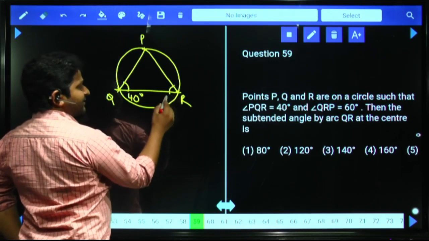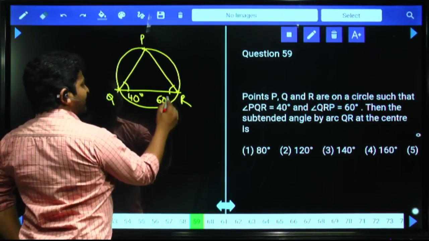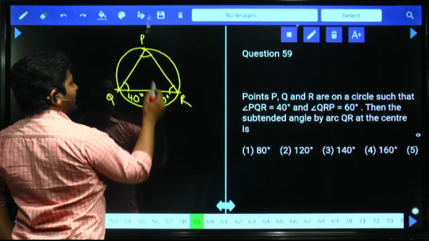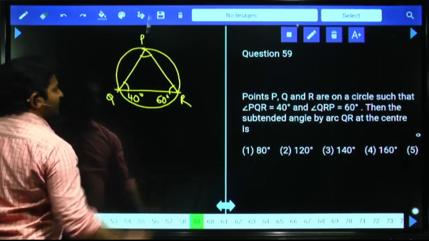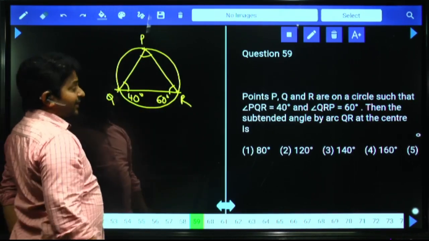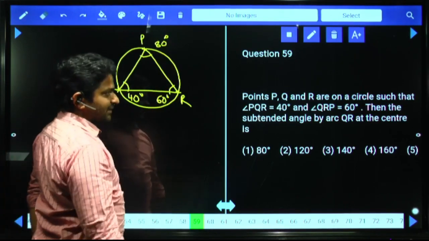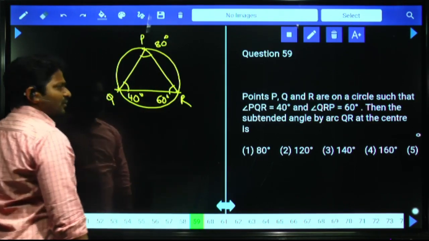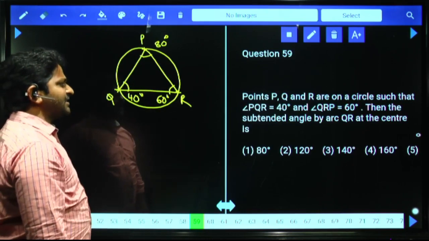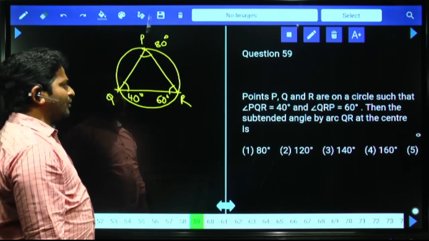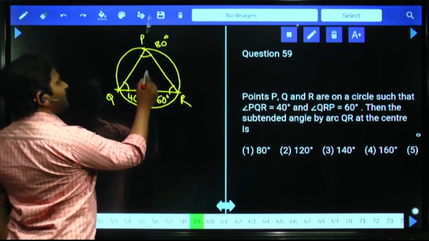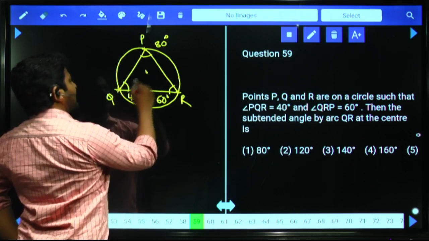Angle at R is given as 60 degrees. Then angle at P will be 180 minus 40 and 60, which is 80 degrees. Now, your question is the angle subtended by arc QR at the center.